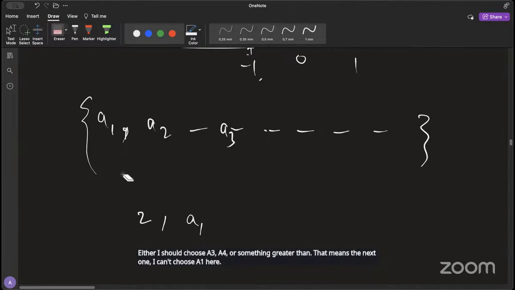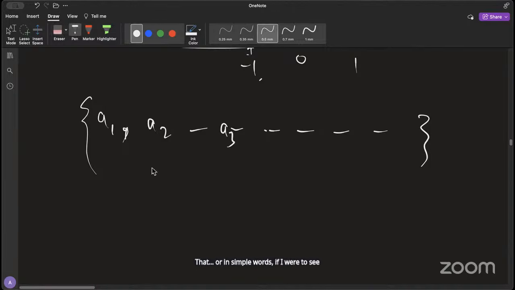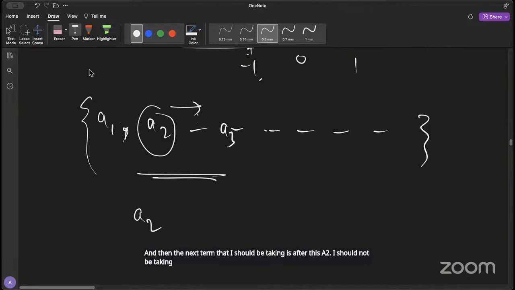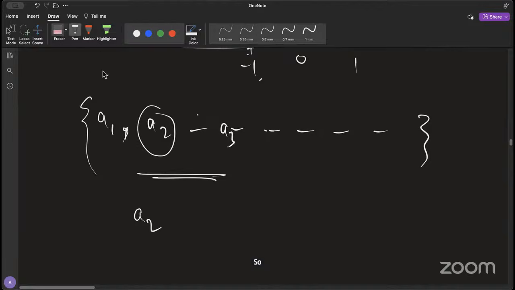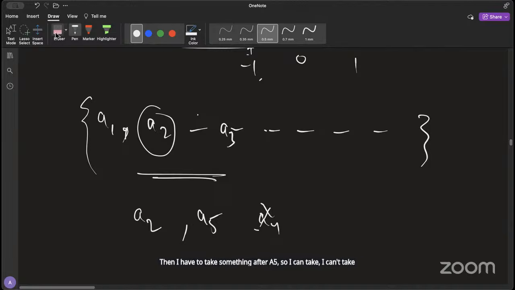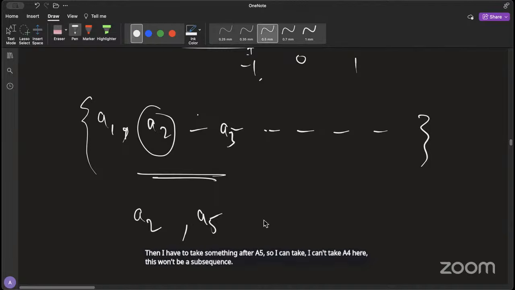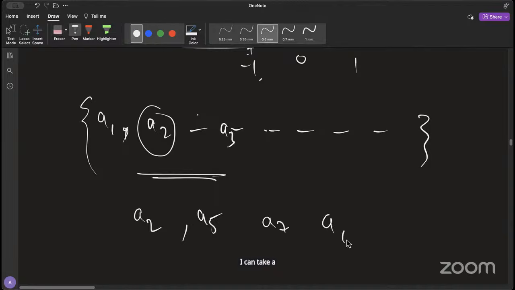In simple words, if I were to take a subsequence of this, I can take a2. And then the next term that I should be taking is after this a2. I should not be taking terms from before now. So I can take a5 then. Then I have to take something after a5. So I can't take a4 here. This won't be a subsequence. I can take a7, and I can take a10, a20, a30.